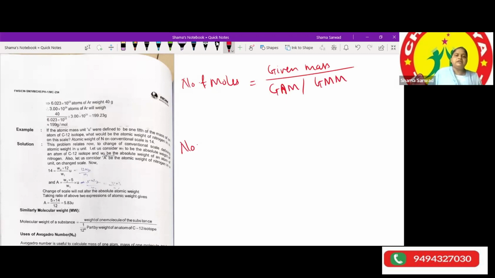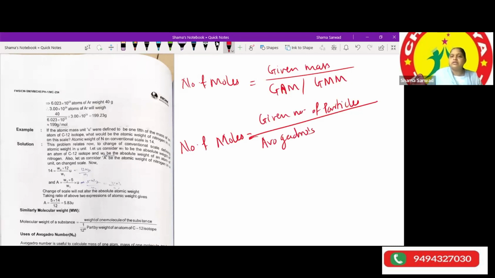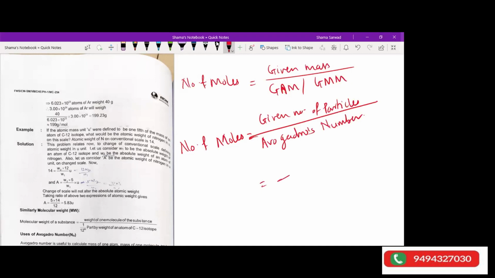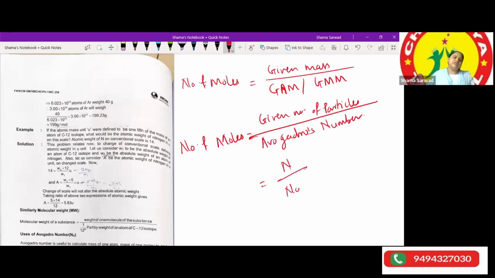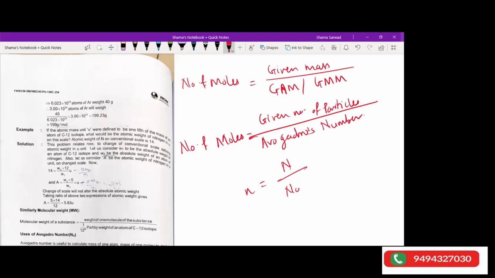Again, number of moles is equal to given number of particles upon Avogadro's number. Correct? The Avogadro number is denoted by N0, the given particles are denoted by N, and the number of moles is denoted by small n. Clear?